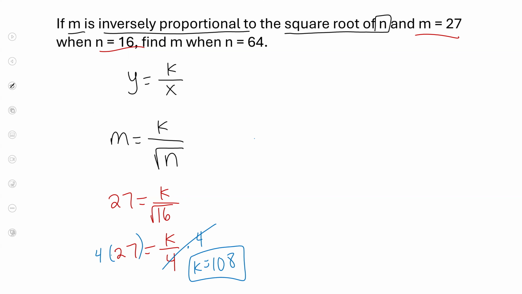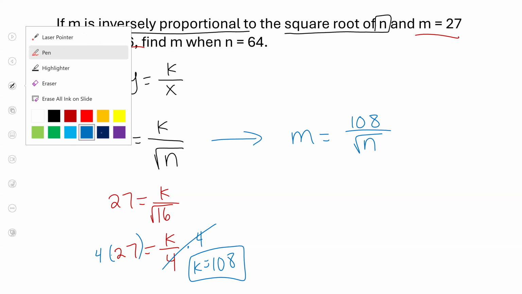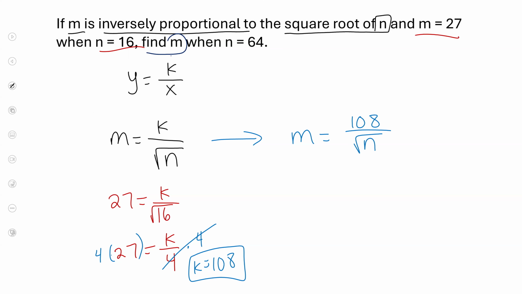So this is my new formula. M equals 108 divided by the square root of n. Now the question says, find m when n is 64. So they're saying n is 64. Well, guys, the square root of 64 is just 8.